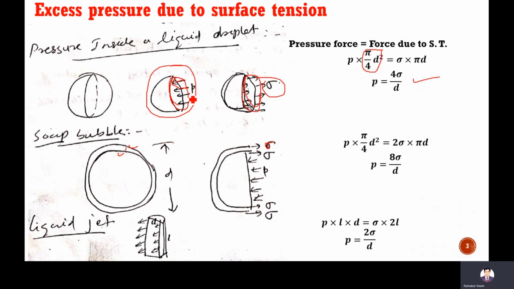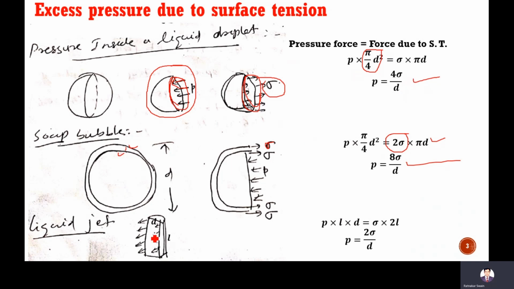The pressure force will be P into pi by 4 d square, but the surface tension force will be 2 sigma into the contact length pi d. If you solve it, you will get P equal to 8 sigma by d. So remember, for a liquid droplet it is 4 sigma by d, for a soap bubble it is 8 sigma by d, twice the excess pressure of a liquid droplet.